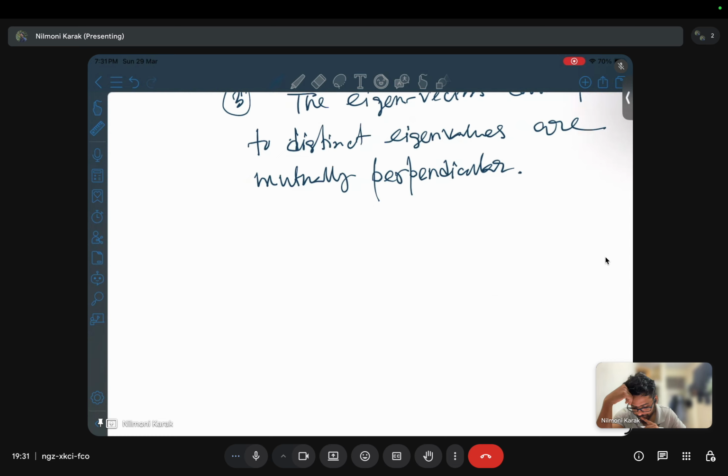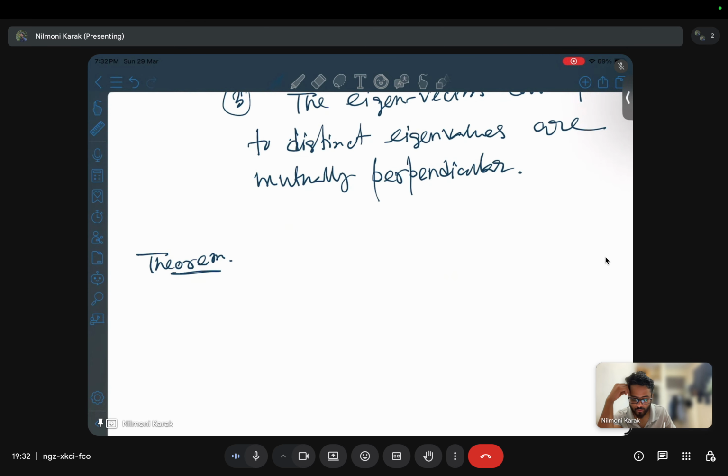Next theorem. If you have a compact self-adjoint operator, can you give an eigenvalue precisely?